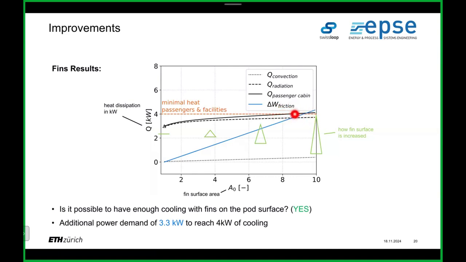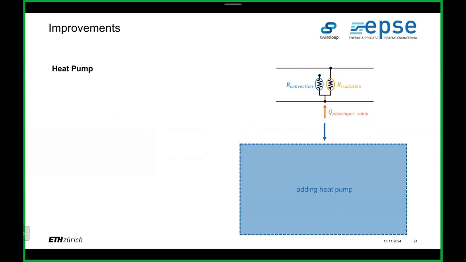So it's the black line here. But there's also additional friction because we increased the surface area with the fins. The blue line is the additional friction, and that's why this solution is not the best solution. And I also thought about other improvements.